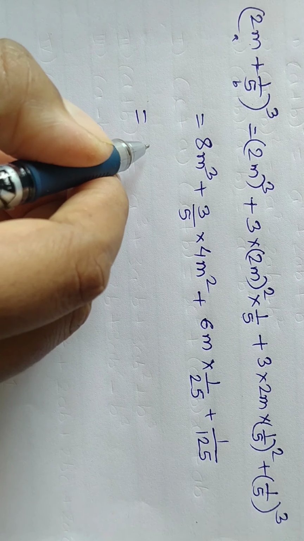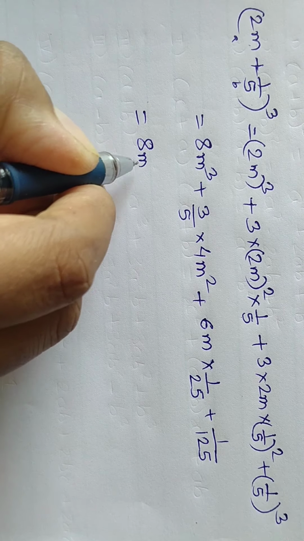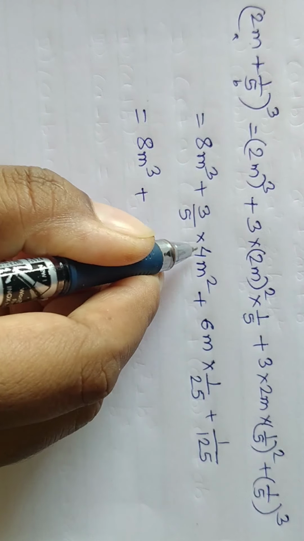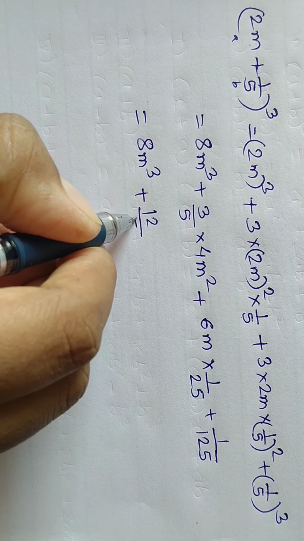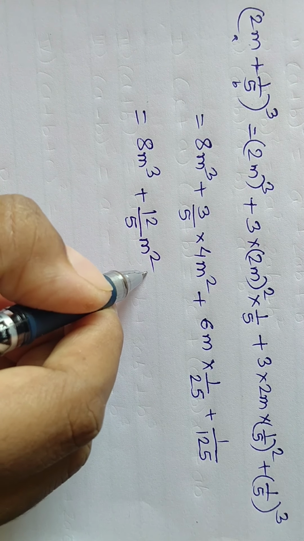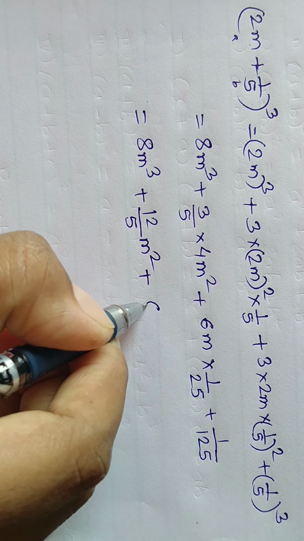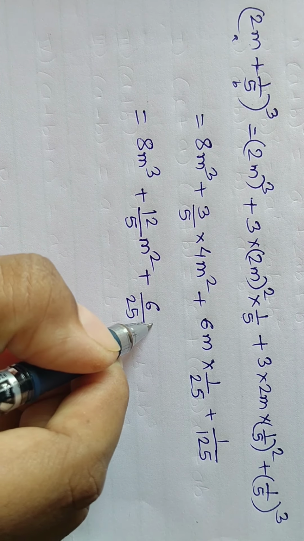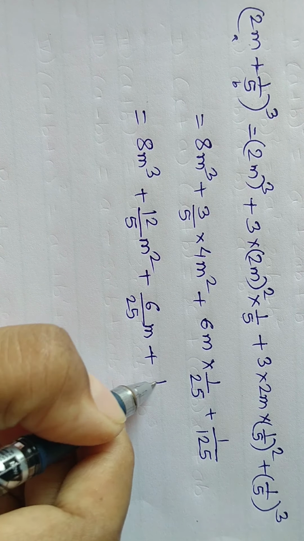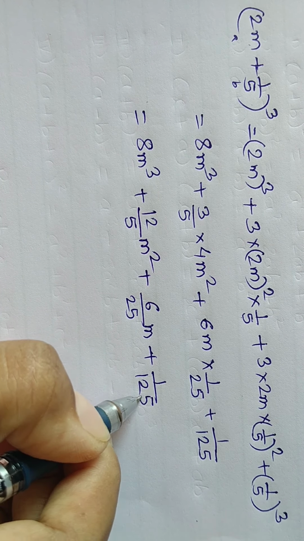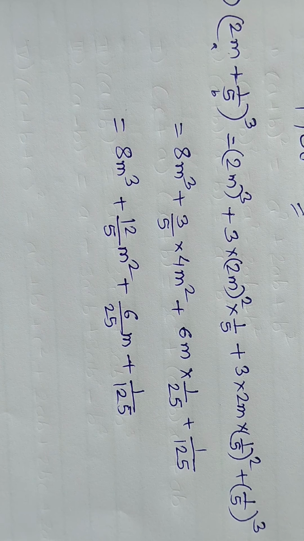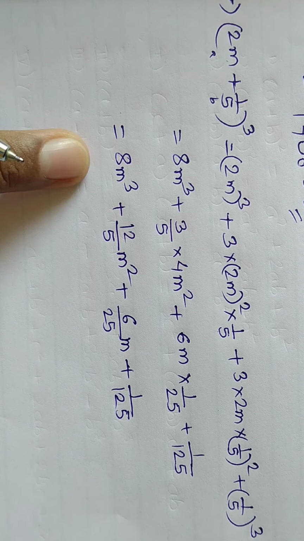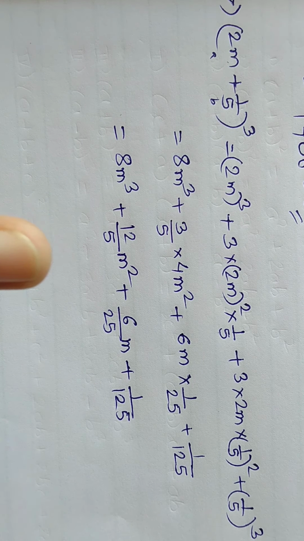Now 8m cube plus 12/5 m square plus 6/25 m plus 1/125. Same way remaining from this exercise you have to solve.